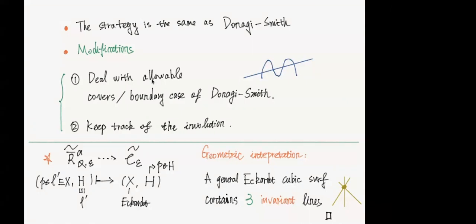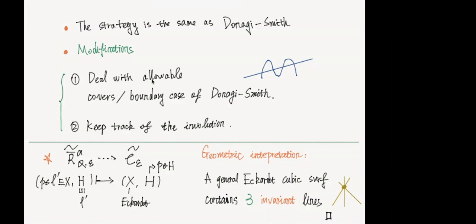So we have to do some deformation theory for these singular covers. And also we have to keep track of the involution, but that's kind of the natural thing to do. Okay, so then it becomes more technical, and let's not worry too much about that.